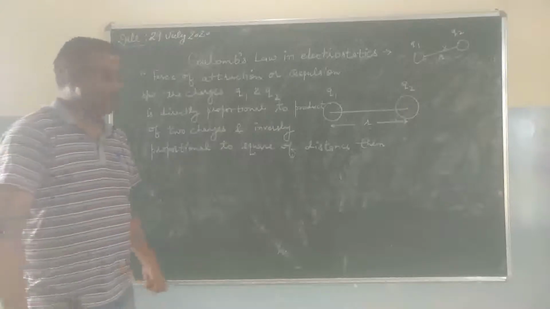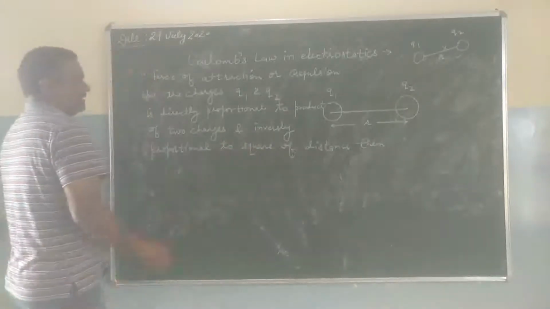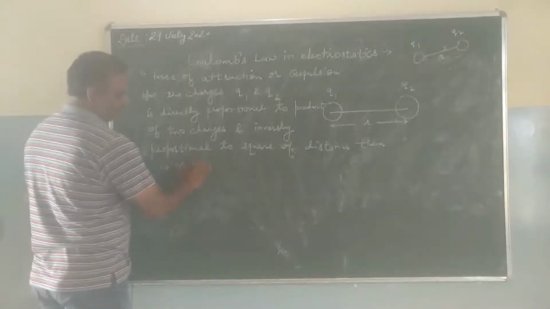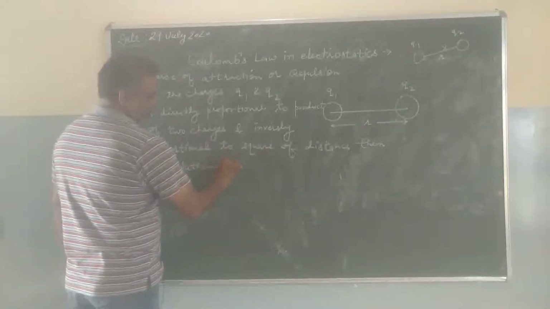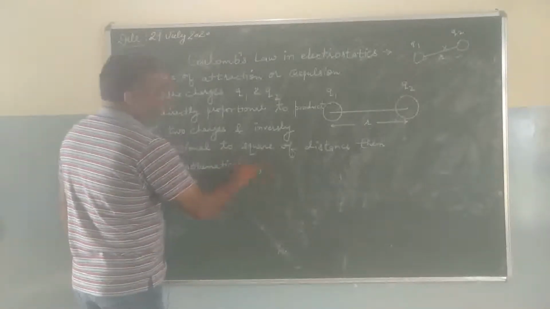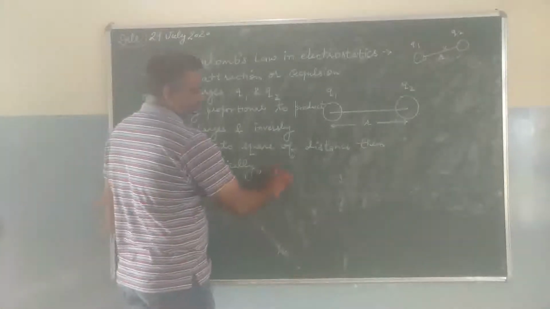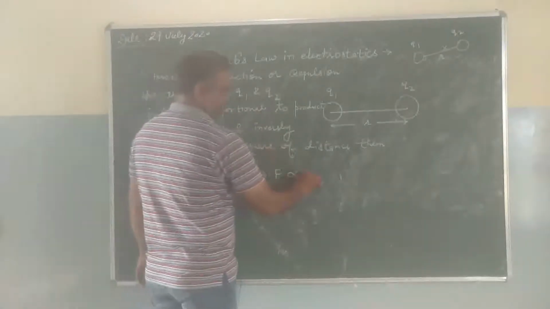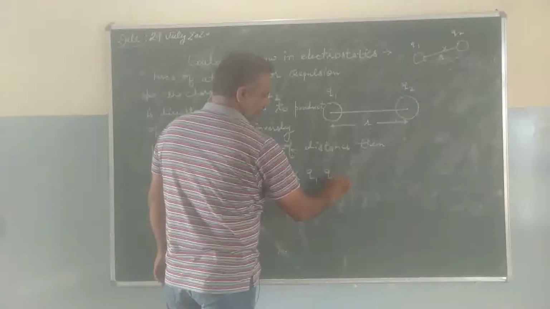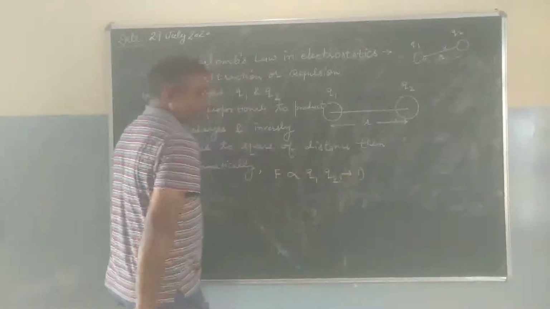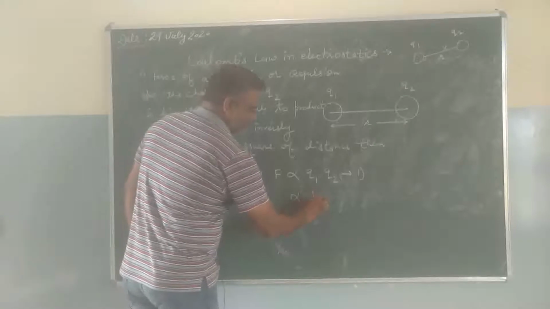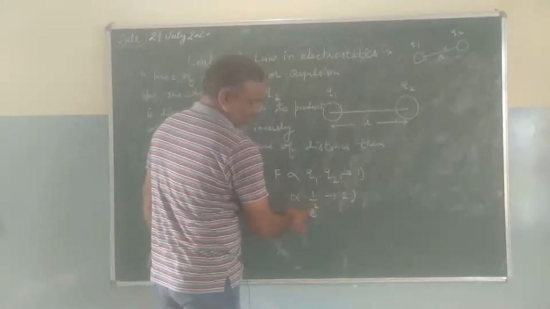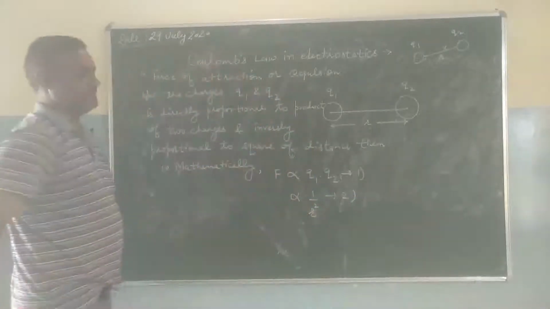Is it clear? So mathematically, the force of attraction F is directly proportional to the product of two charges, meaning Q1 into Q2, let it be 1, and this force is inversely proportional to the square of the distance between them, meaning r.